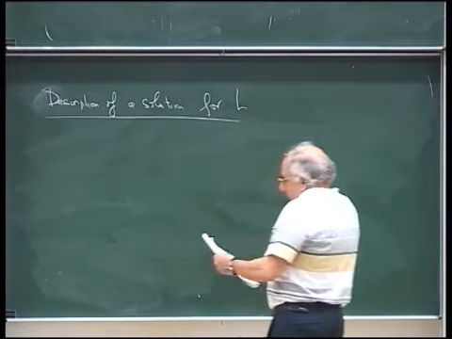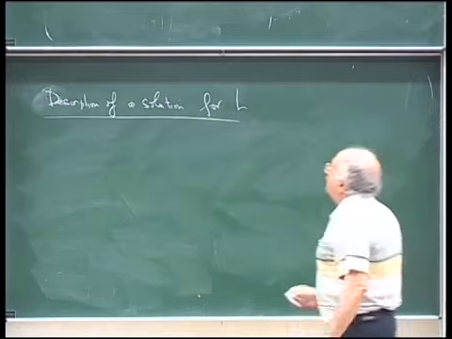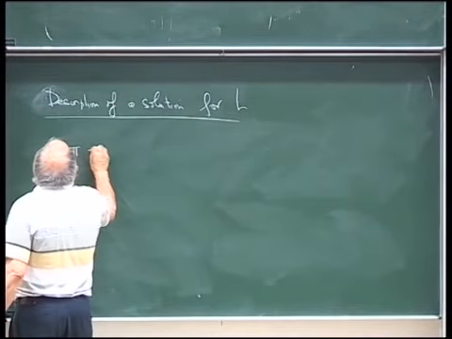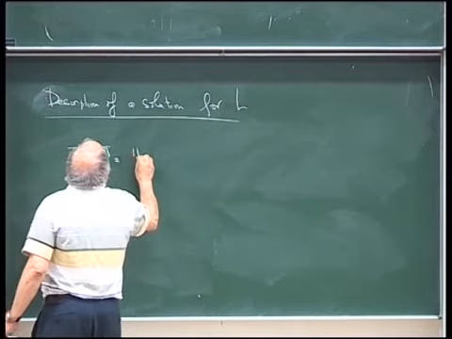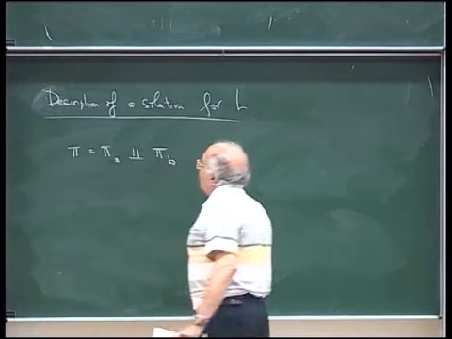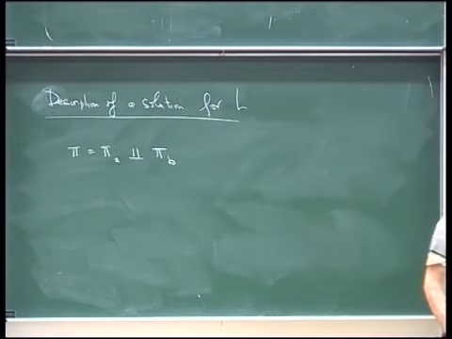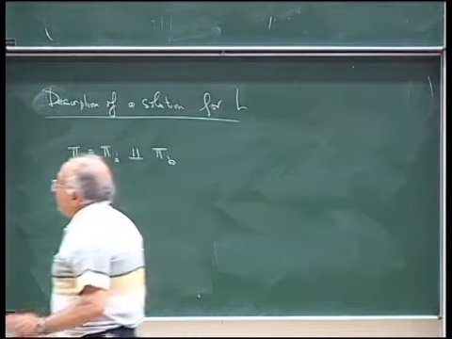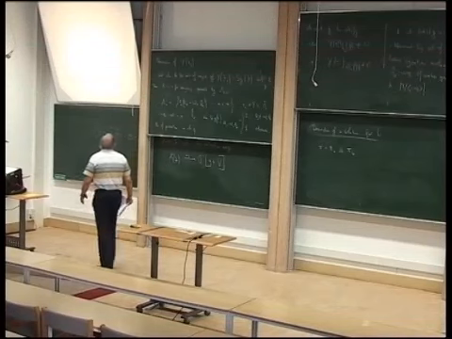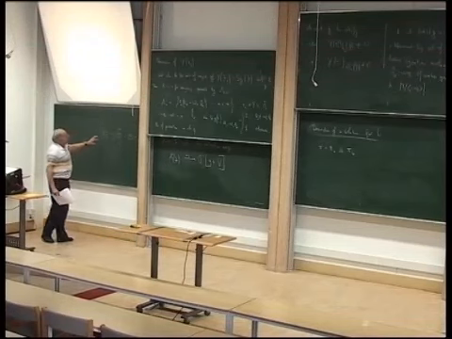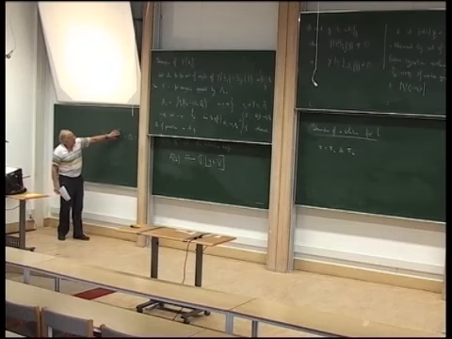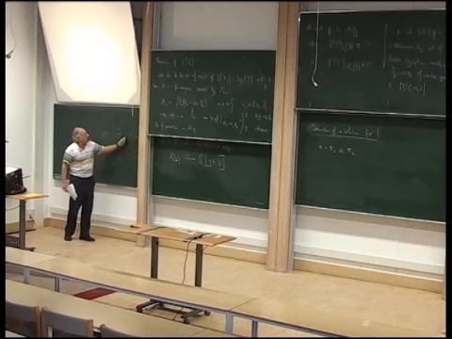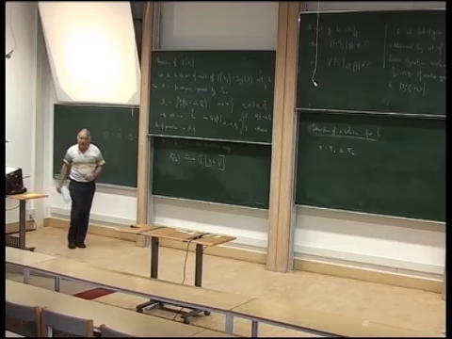Okay. So the idea is to decompose pi into two subsets, pi a and pi b, where the elements of pi a, or the elements of pi b, are all orthogonal to one another. And there's just one way to do this, and you immediately see something which perhaps will make you understand something about these epsilons. So for example, pi a could be these four guys, and pi b could be these four guys, or the other way around.